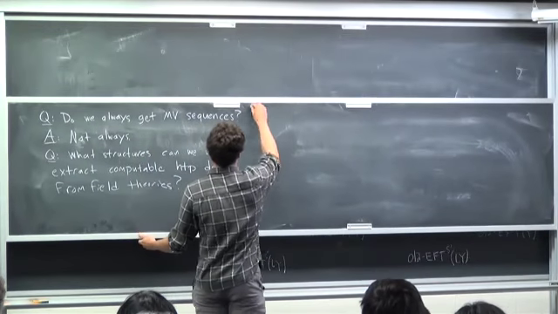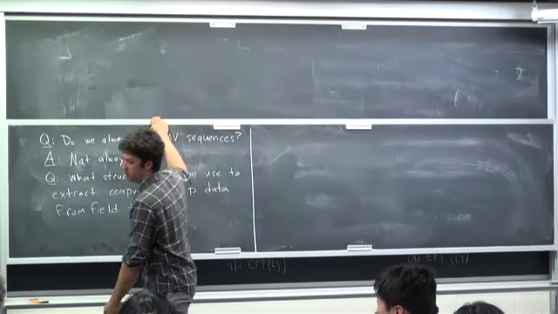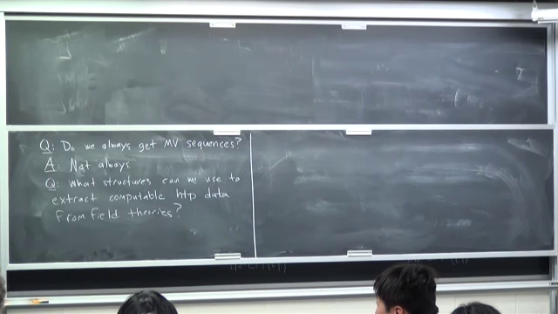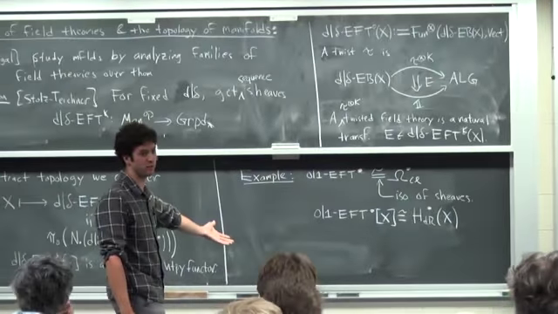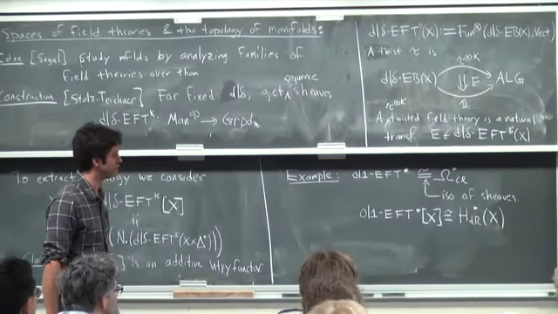Okay, so I need to describe some structures about field theories that would make this make sense. It's going to be roughly along the lines of where's this connecting homomorphism in Mayer-Vietoris, kind of intrinsic to the land of field theories.